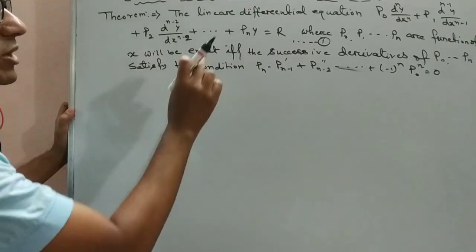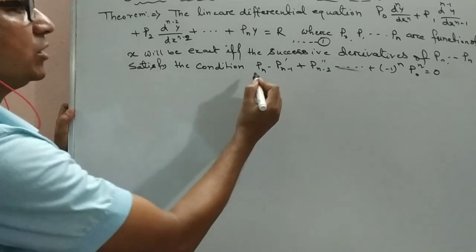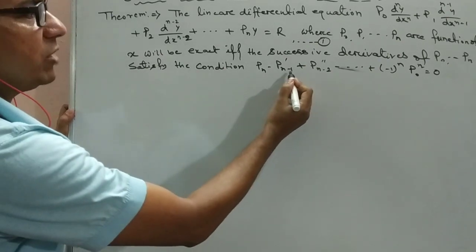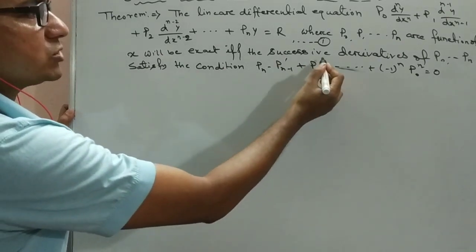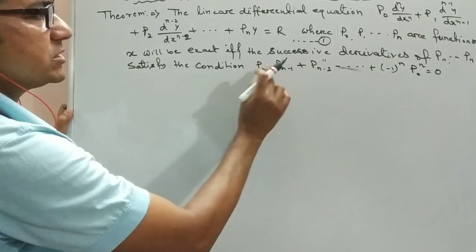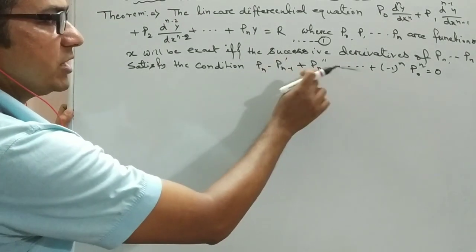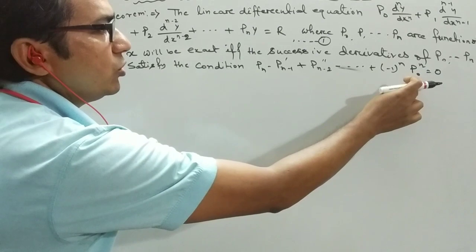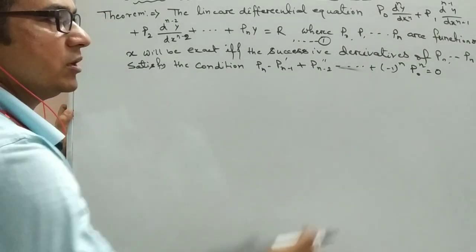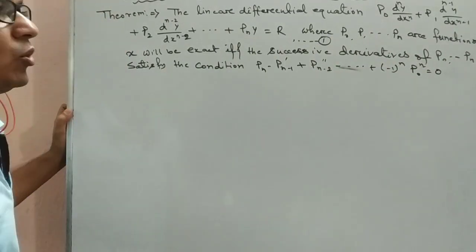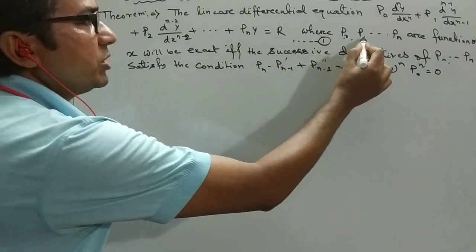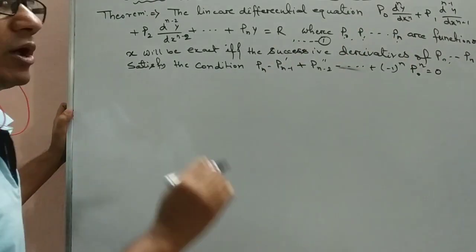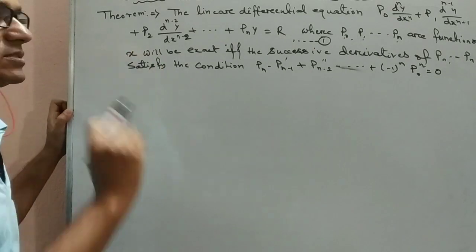The condition of exactness is Pn minus P(n-1) dash plus P(n-2) double dash minus, alternately plus and minus, up to (minus 1) to the power n P0^(n), equal to 0, where P0, P1, up to Pn are all functions of x independently.